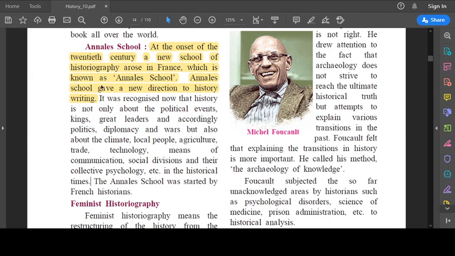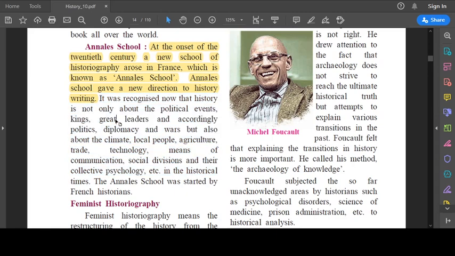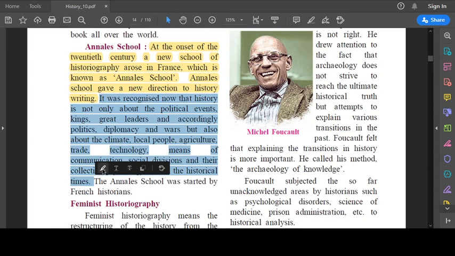Till here, till historical times. So answer comprises of 3 points in totality. That's answer 2.2. Now we'll go to the next question.